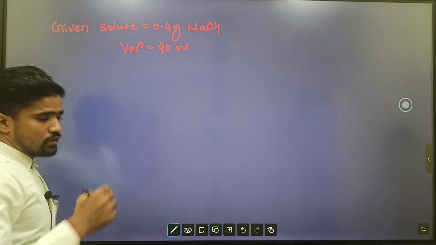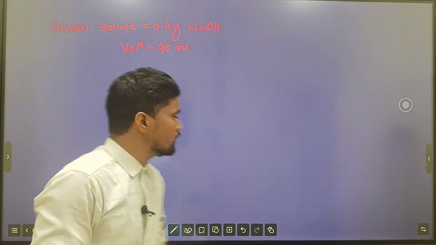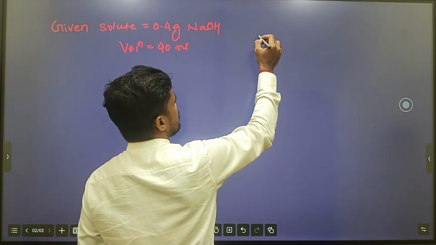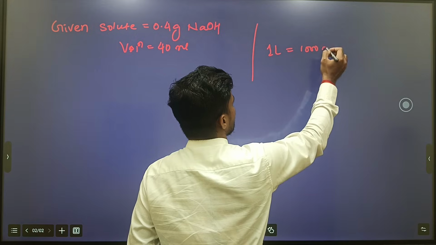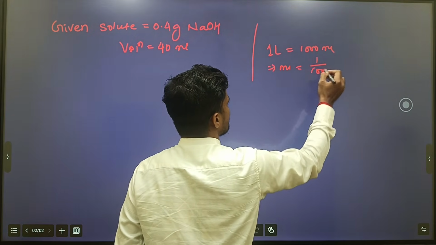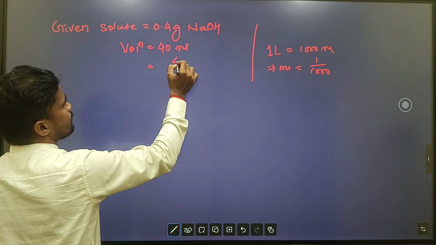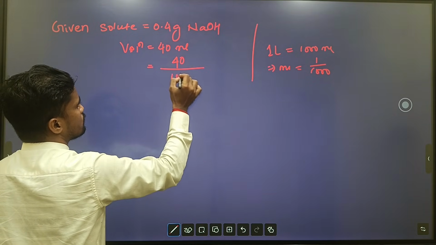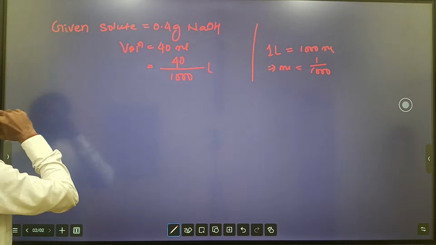Okay, so 40 ml, we have to convert into liter. We know 1 liter is equal to 1000 ml, implies 1 ml equal to 1 upon 1000. So similarly 40 ml equals 40 upon 1000 liter.